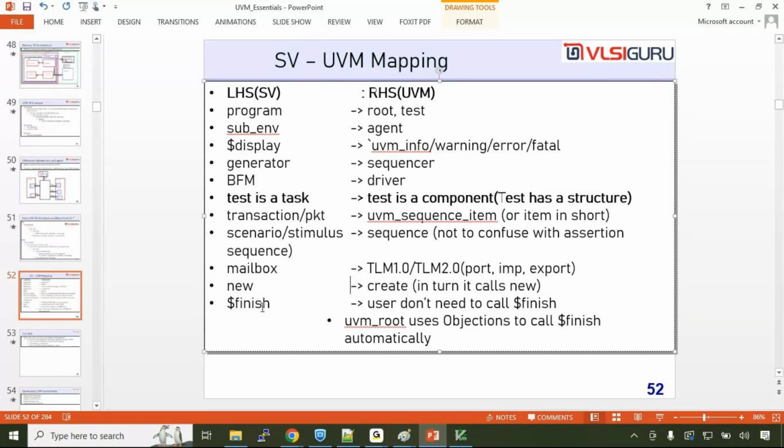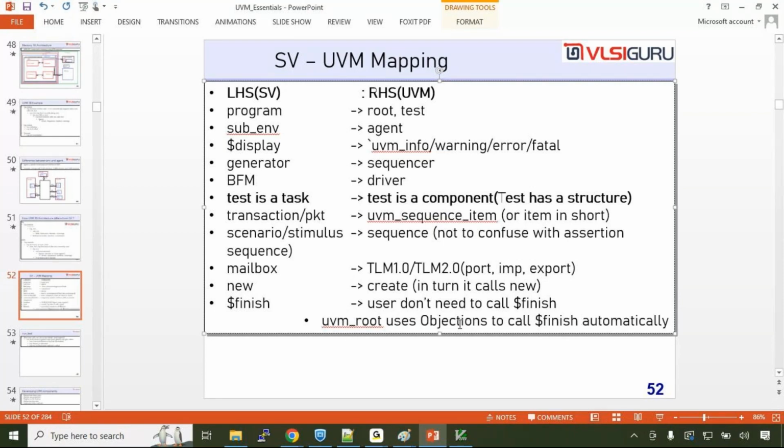Dollar finish: in SV, the user has to manually call dollar finish. In UVM, the user doesn't need to call dollar finish. UVM root uses the concept of objections, and it will call dollar finish automatically.